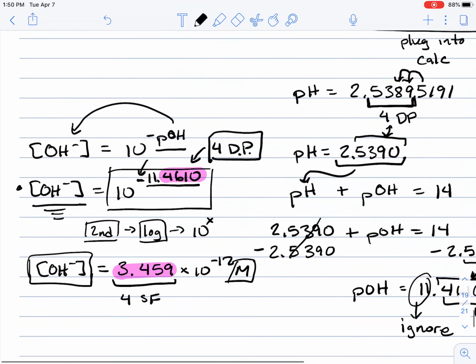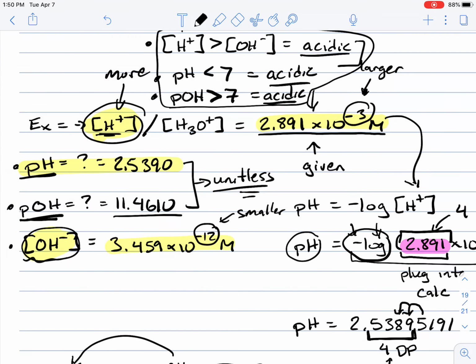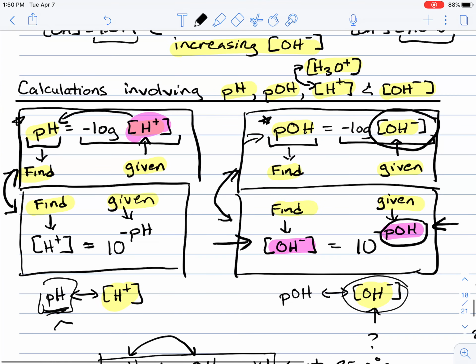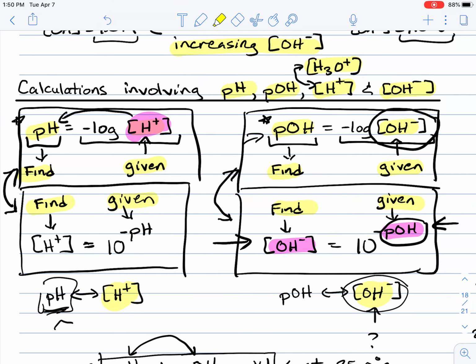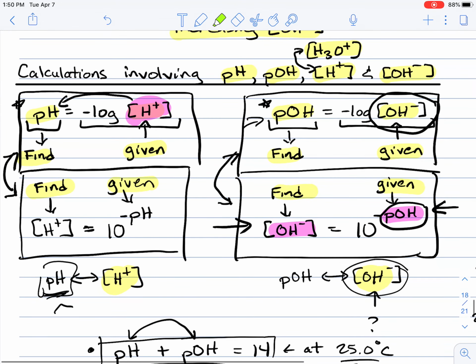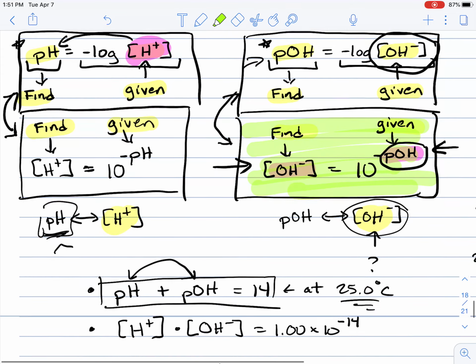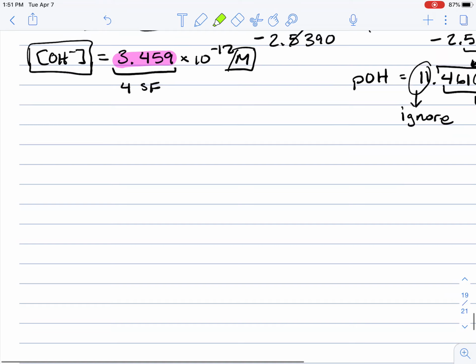And so if I scroll up and if I look at my equations, let's do this in green this time. Notice that for me to convert from pOH to concentration of hydroxide, I'm going to use this equation that I highlighted in green. Okay.